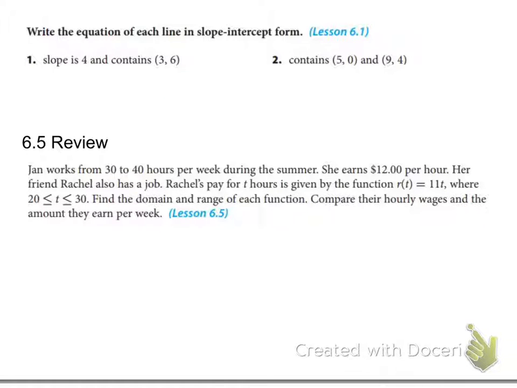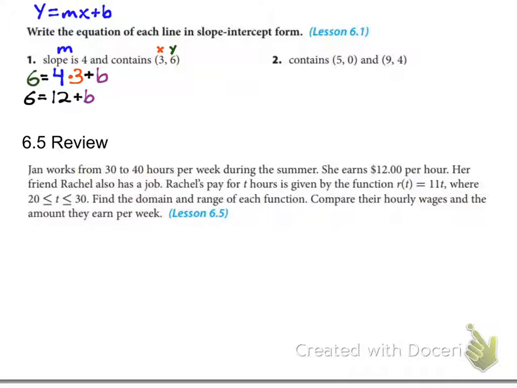For the next two problems, we're going to write an equation of each of these lines, and you guys should all be able to do this, so please try this first. Notice that our equation is still y equals mx plus b. m is slope, x is 3, y is 6. So we write down y equals m, which is 4, times x, which is 3, plus b. We're looking for b, so I'm going to fill out all the parts of the equation until we get b.